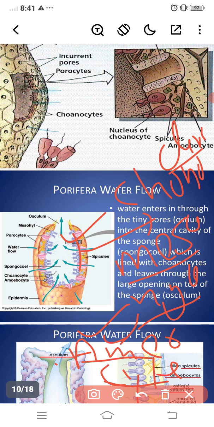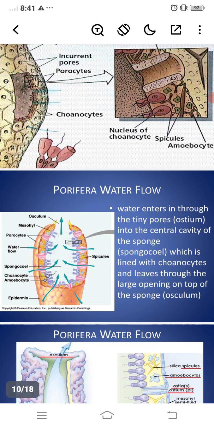What is the function of the choanoderm? Basically, choanocytes have flagella, and through this flagellar movement the water moves out from the body of the sponge.